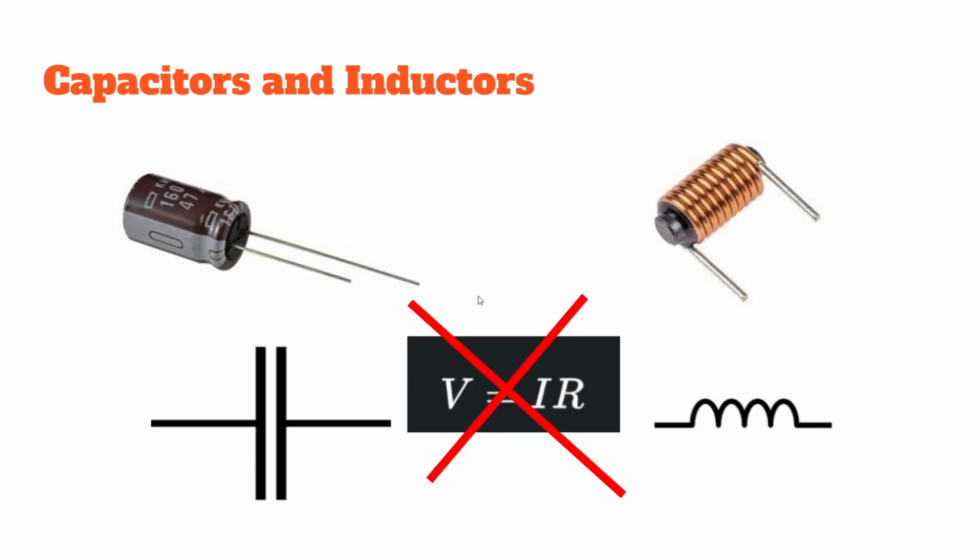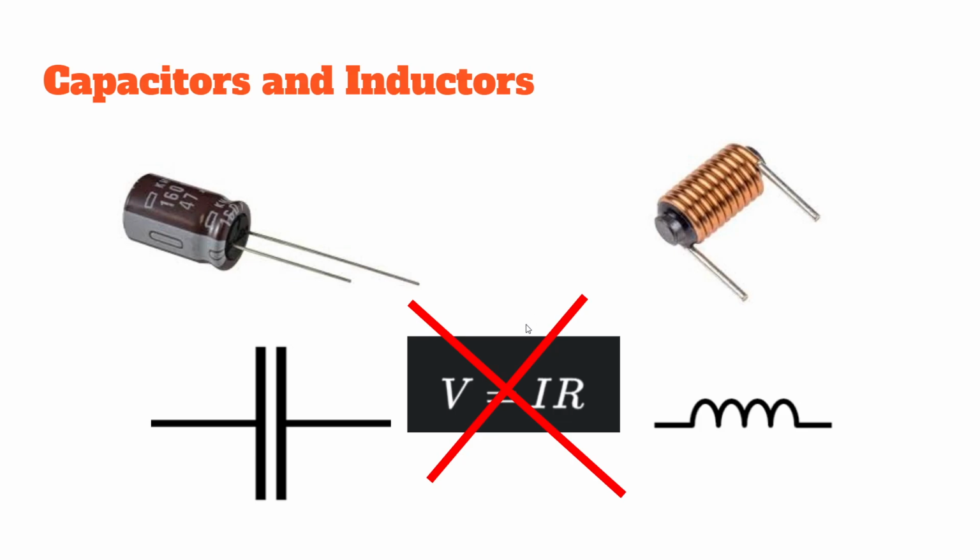But they do have equations that define the voltage across them and the current through them, but they're not linear like this, where the relation is just a multiplication by R. They have more complex ones, where both of them are either derivatives or, what are they called?